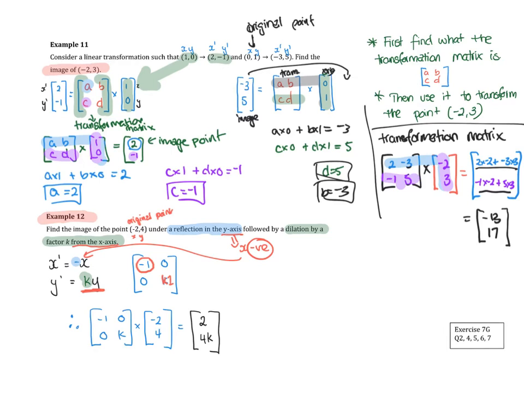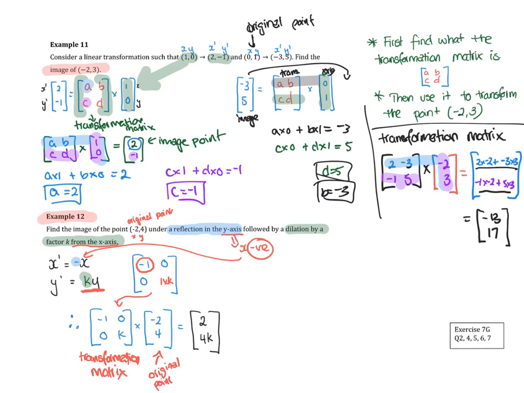So really it should be 1 times K. We've left the 1 there and we put the K. Okay, so you know that's your transformation matrix. You've worked out what you need. You know that's the one you're going to use. You pop it, you times it with the original point like that.